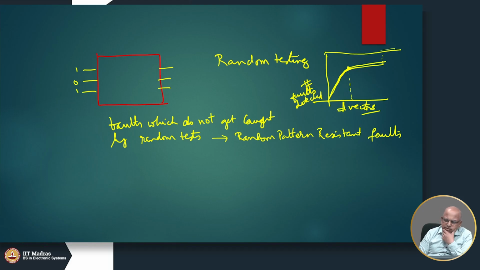Now, why do some faults resist being caught by random patterns? Here is where there is a concept of controllability and observability.